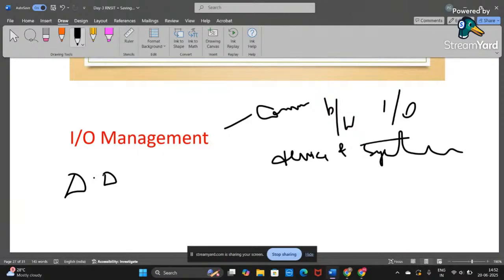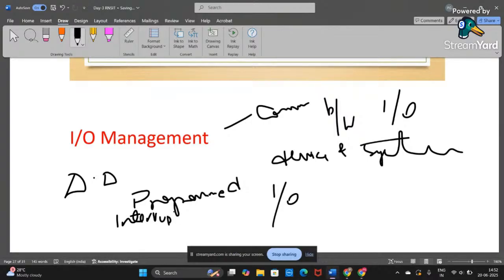Then the input and output techniques are programmed input output, interrupt driven input output, and direct memory access, DMA.